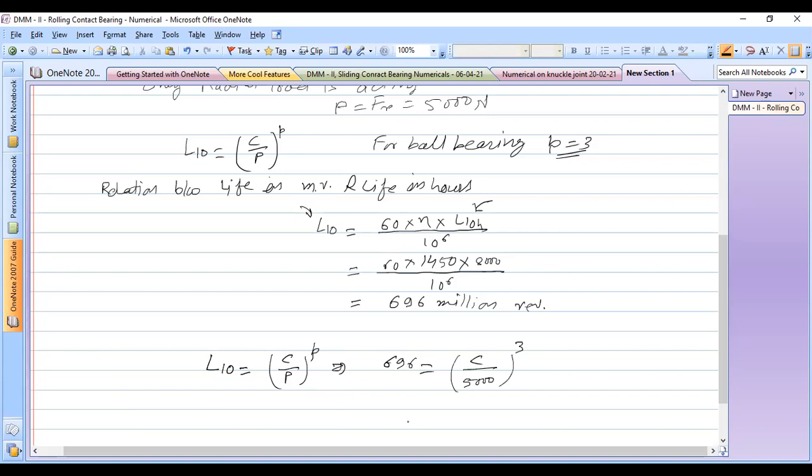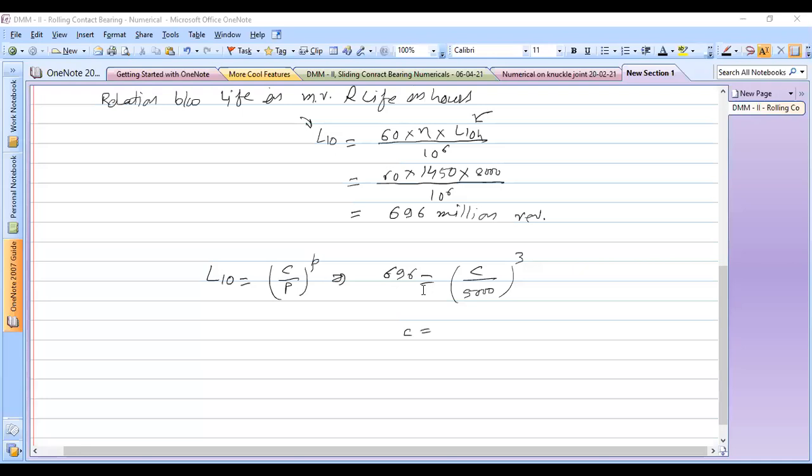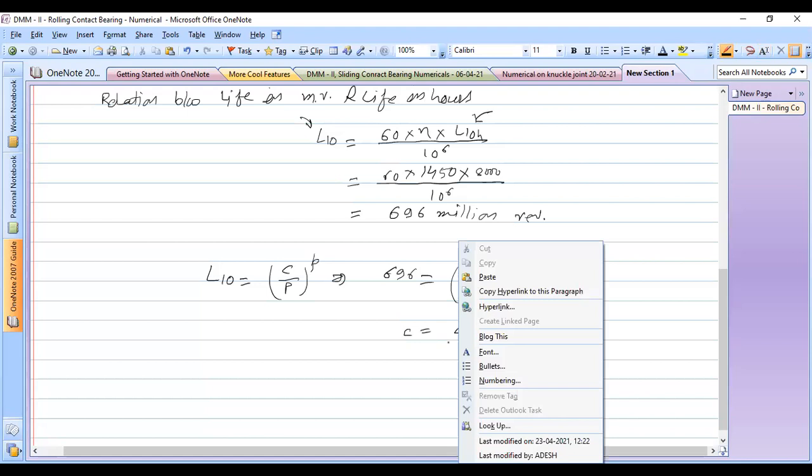Now using this, find out the C value. So here you will get the answer 44.31 kilonewton. This is the right answer.